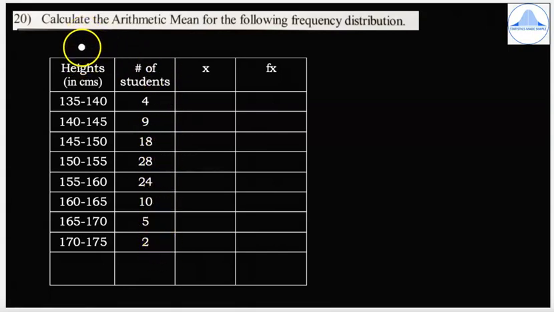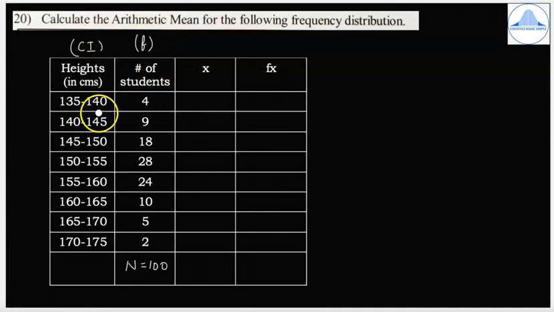The first step is to mark the heights as class interval and the number of students as the frequency F. The next step is to find capital N, which is the sum of the frequencies, equal to 100.